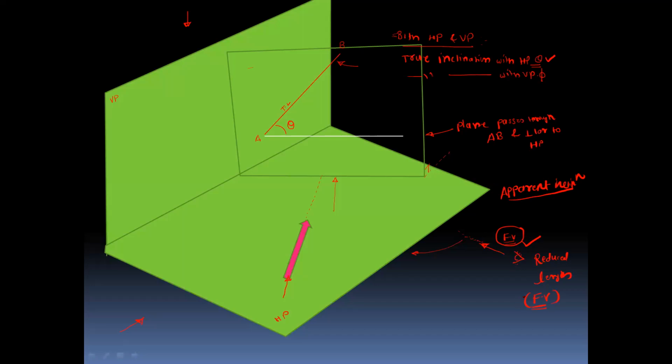Now consider if you observe from the top direction, in order to observe the true inclination with respect to the vertical plane.